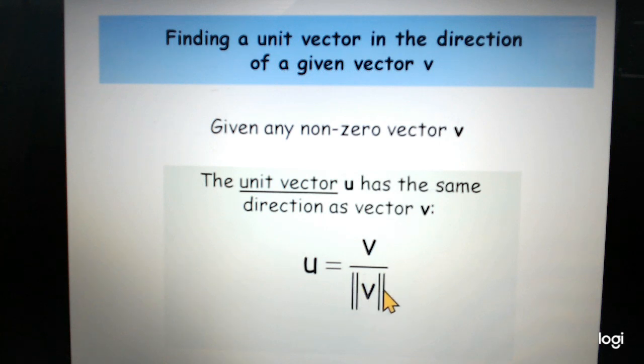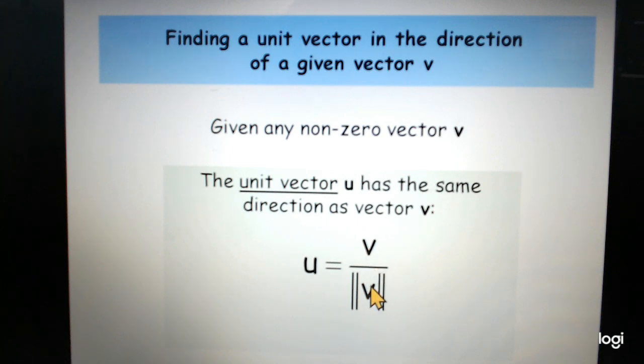All that's going to do is shrink it down, but since we're just dividing by a scalar, it's not going to change its direction. So whenever you want a unit vector, in other words, a vector of length 1, in the same direction as a given vector, this is the computation that you do.